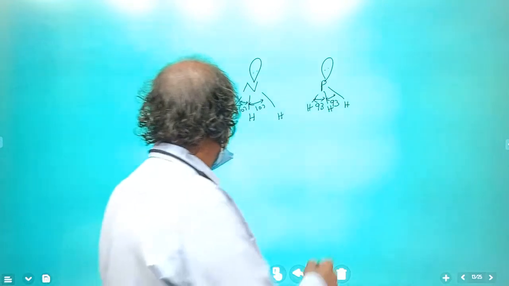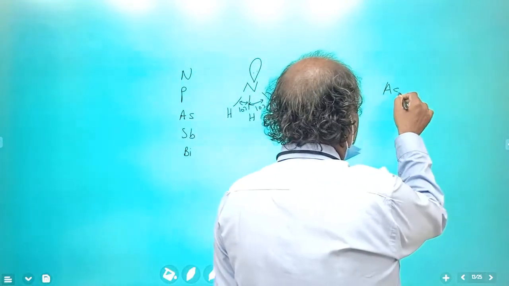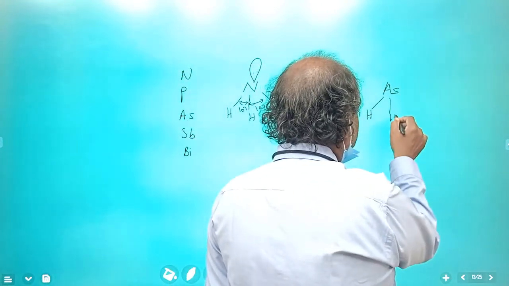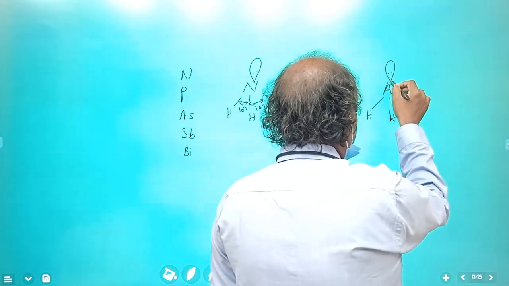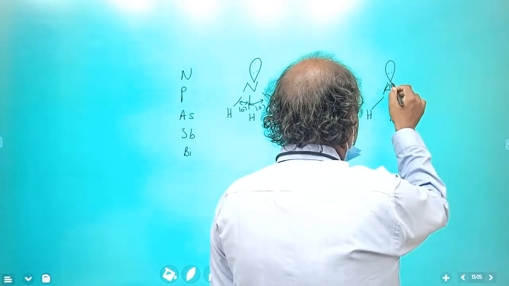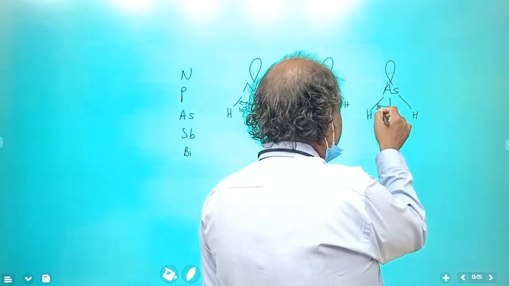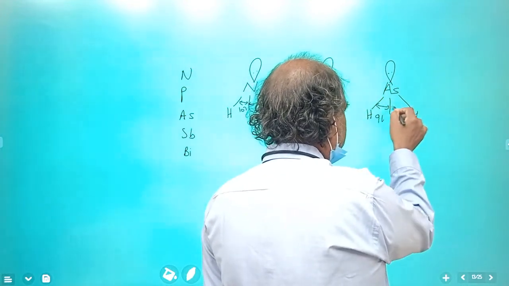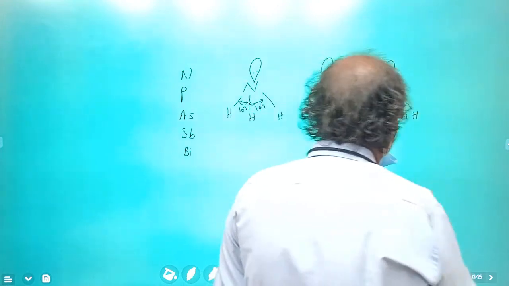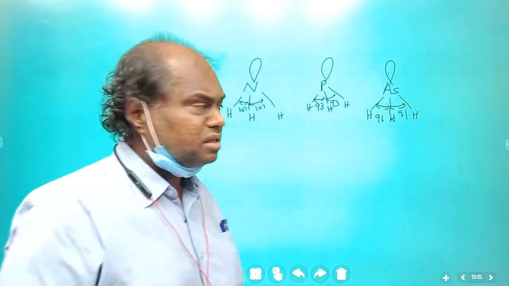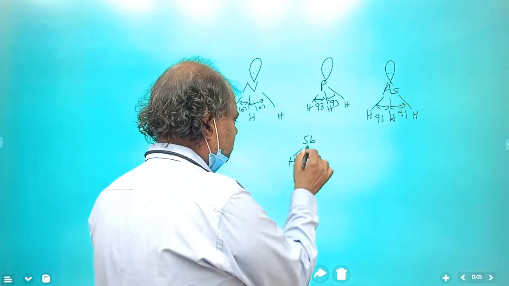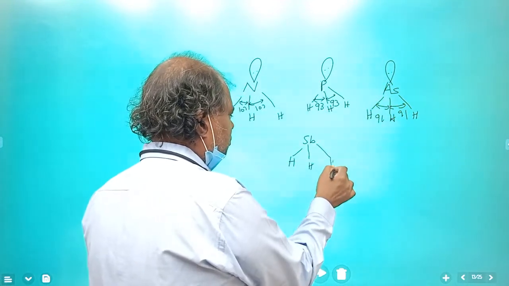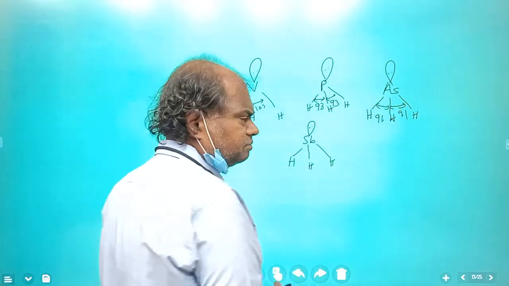Now, if I draw AsH3, again the lone pair will be there, students. The lone pair will not go anywhere. This angle they have found to be around 91. And if you take antimony, the lone pair will always be there.